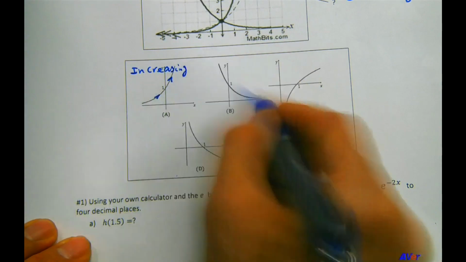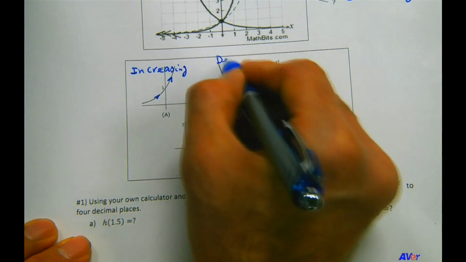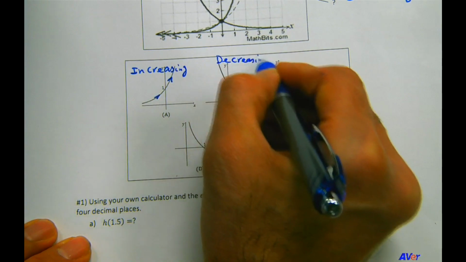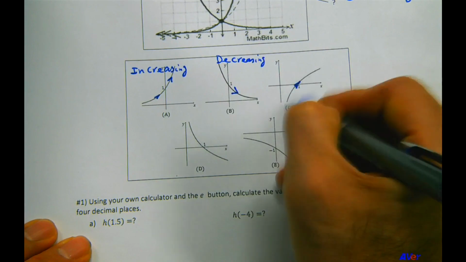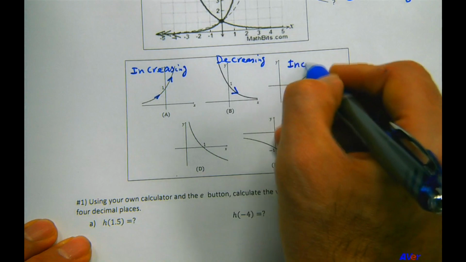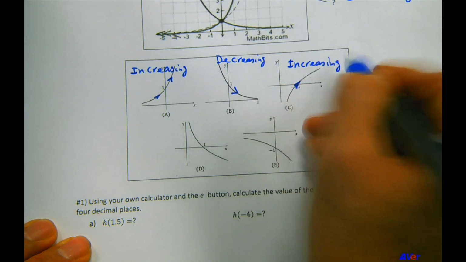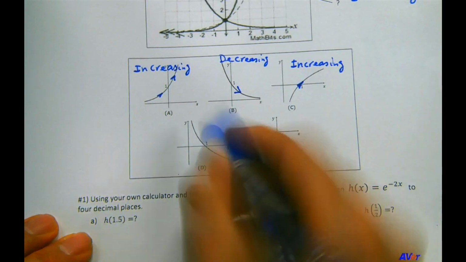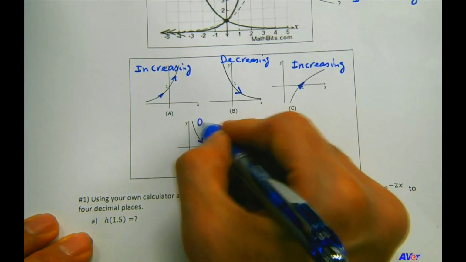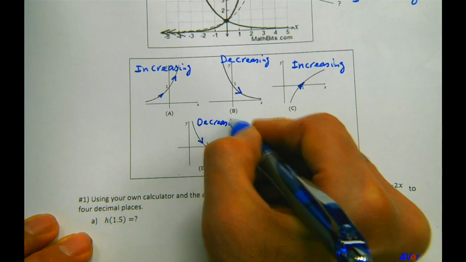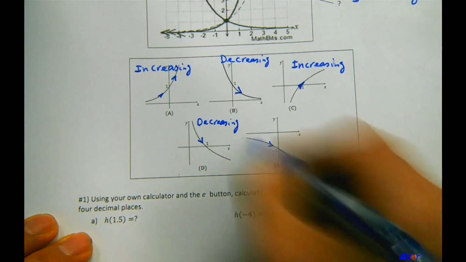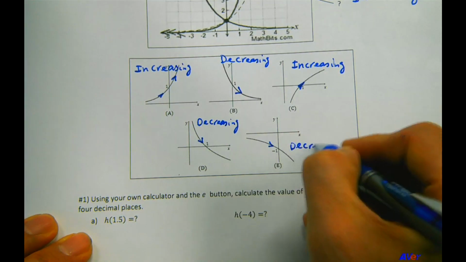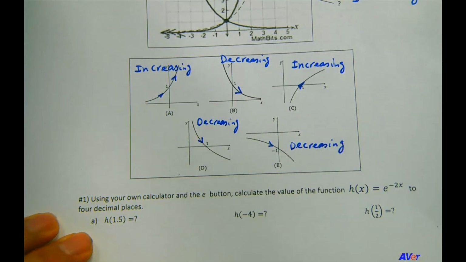Read it from left to right, it is decreasing. And this one, read it from left to right, it is increasing. And this one, read it from left to right, it is decreasing. And this one, it is decreasing. Like that. Okay. All right.